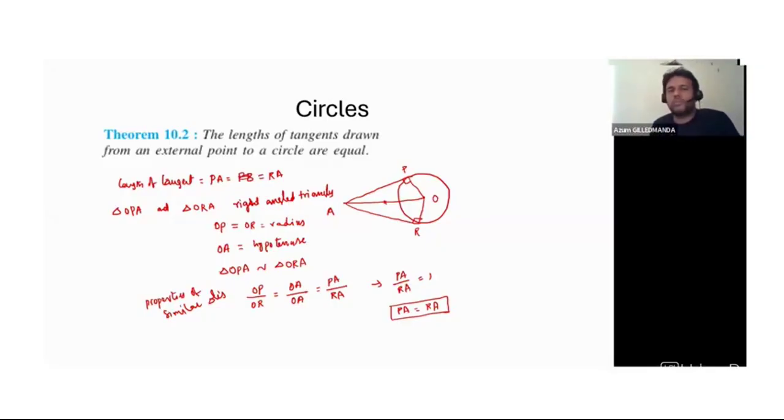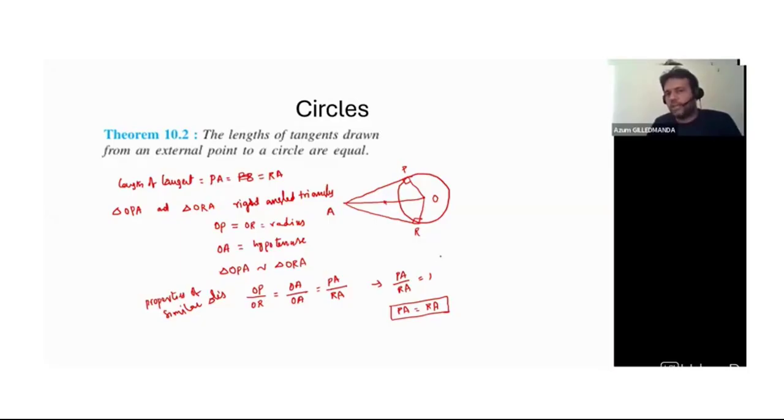So how did we prove this theorem? We drew the circle and took the external point as A, and then we drew the tangents to it. The tangents touch the circle at P and R. Then what we observed is OP equal to OR, that is the radius. And similarly, OA is a common side. So when two sides are equal, we can say these are similar triangles. The property of similar triangles is that the ratio of the respective sides is equal.